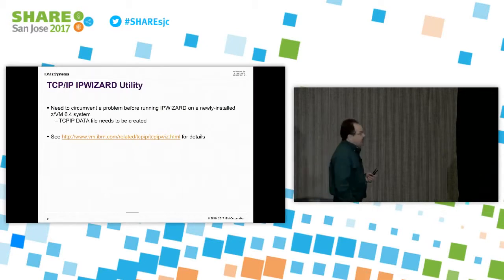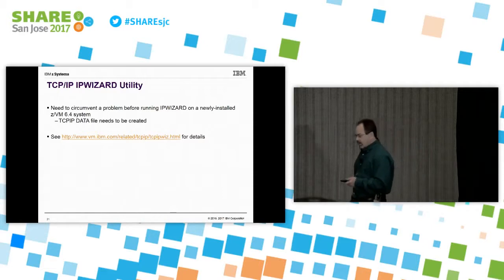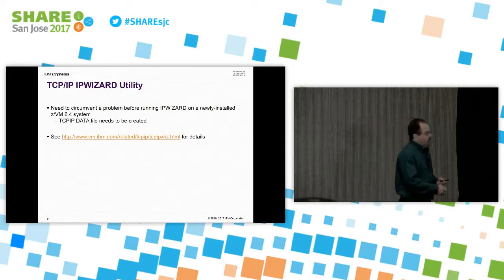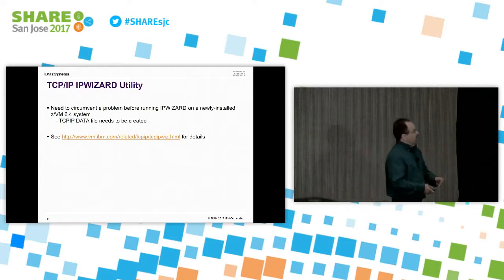TCP/IP, if you're using the IP Wizard utility, there's a problem. So this is just to make you aware of the problem. If you do a fresh install of 6.4 and you want to run IP Wizard, it would crash because it requires a TCP/IP data file and that hasn't been created yet, because that's one of the things that gets done as part of this process.